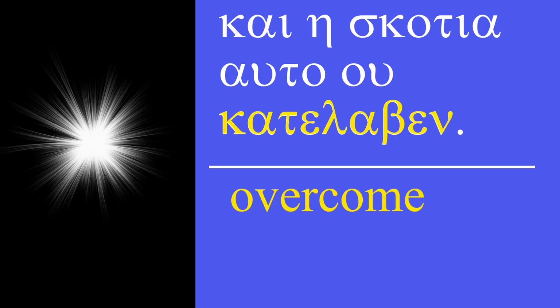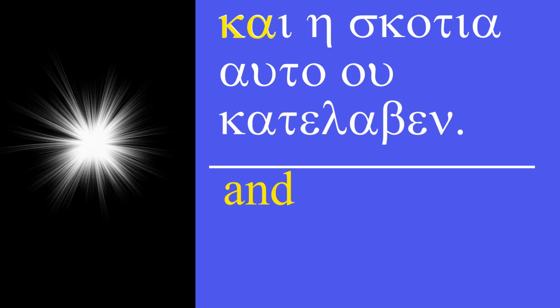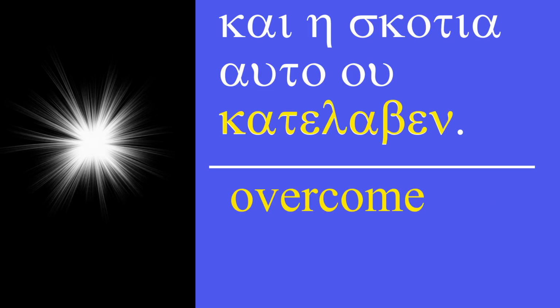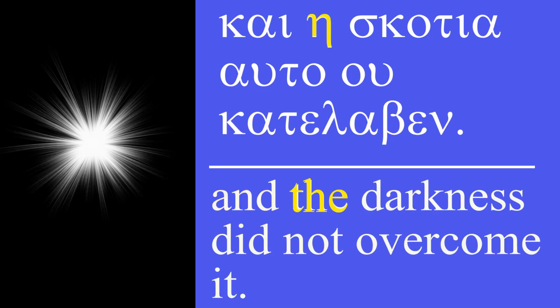The ou means not, referring to the verb katalaven. Katalaven is overcome. So if we string it together, ke, and, I, the, skotia, darkness, auphto, it, ou, not, katalaven, overcome. Let's smooth it out. And the darkness did not overcome it.